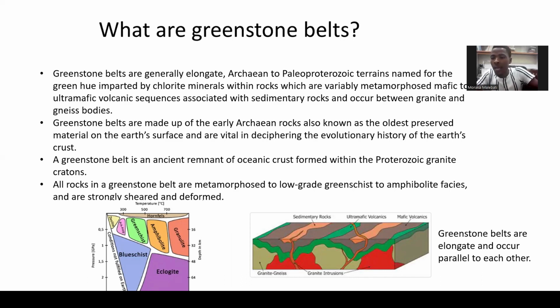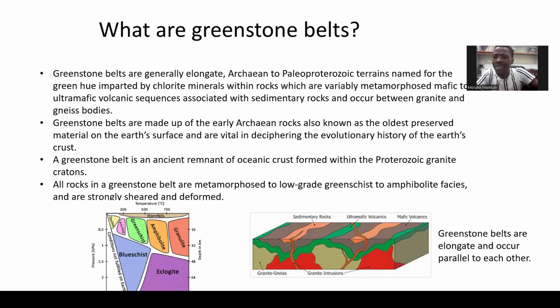Greenstone belts are generally elongate, Archaean to Paleoproterozoic terrains named for their green color imparted by chlorite minerals within rocks which are variably metamorphosed mafic to ultramafic volcanic sequences associated with sedimentary rocks.